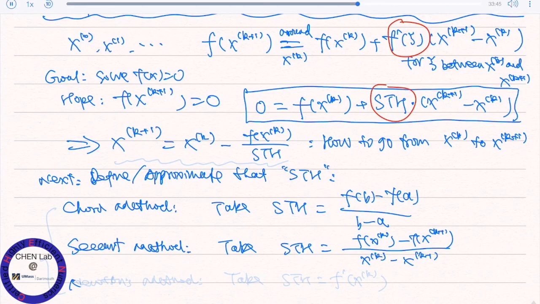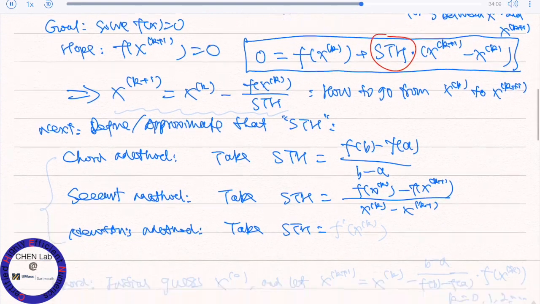The last method, which is widely used, Newton's method, is where I take something to be equal to f prime c. I don't know what that c is, but I know c is between xk and xk plus 1. I don't know xk plus 1.